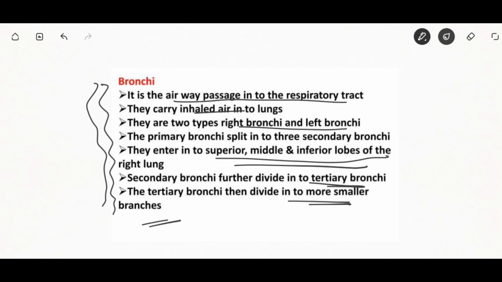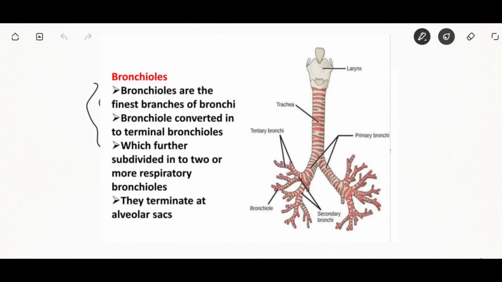The secondary bronchi divide into tertiary bronchi. The tertiary bronchi divide into many generations of bronchioles. When the diameter of a bronchiole becomes 1 mm or less, it is known as a terminal bronchiole. And terminal bronchioles continue to divide into respiratory bronchioles.